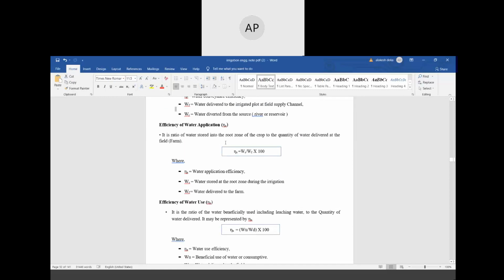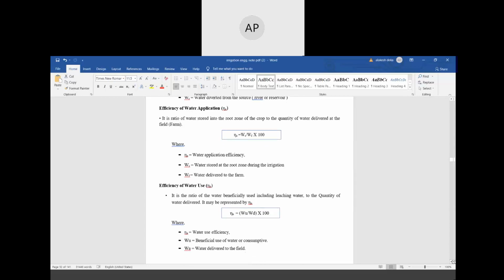It is denoted by eta suffix a, efficiency of water application, eta suffix a equal to WS divided by WF into 100, where WS is the water stored at the root zone and WF is the water delivered to the farm.